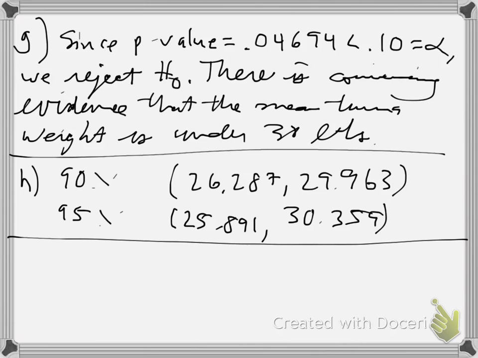So for a 90% confidence interval, I'm 90% confident the true average weight of yellowfin tuna is between 26.287 and 29.96 pounds. So 30 isn't in that interval. At a 90% confidence level, I could kind of reject that claim.